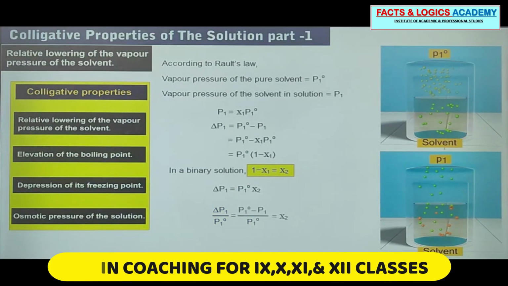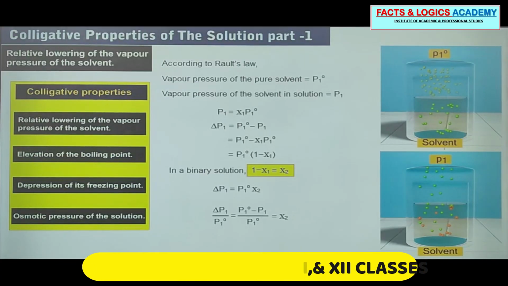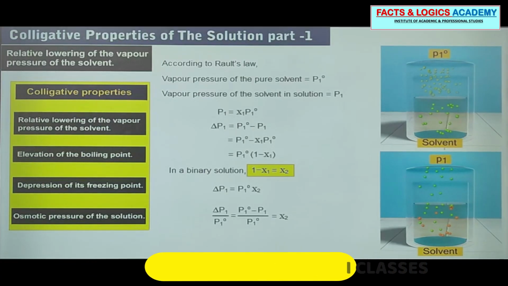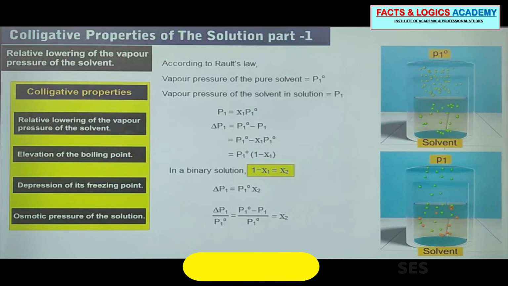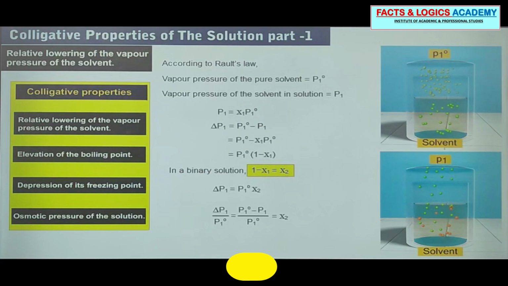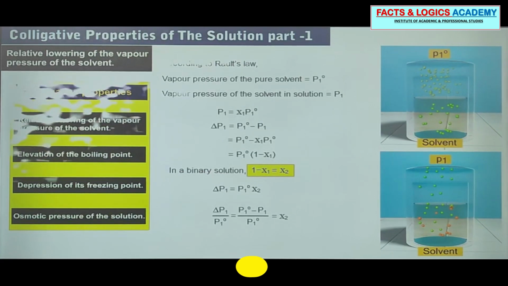In other words, P1 naught minus P1 divided by P1 naught is equal to x2. Thus, it can be seen that relative lowering in vapor pressure depends only on the concentration of solute particles and is independent of their identity.